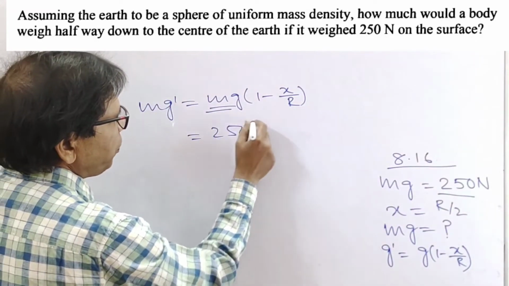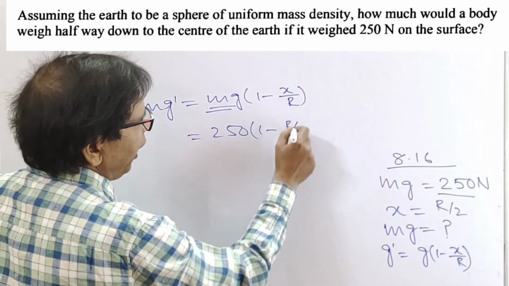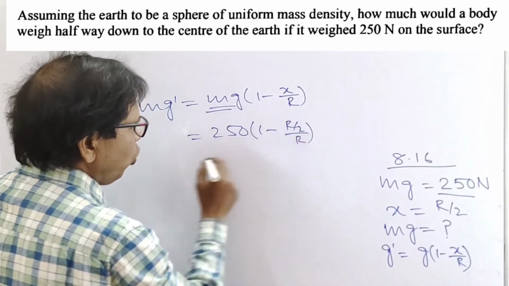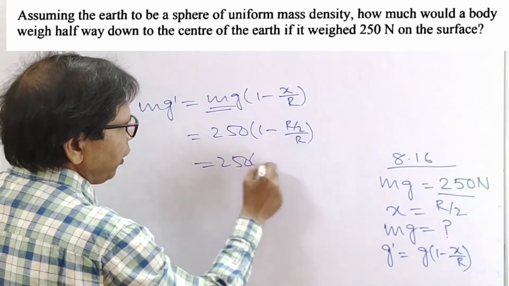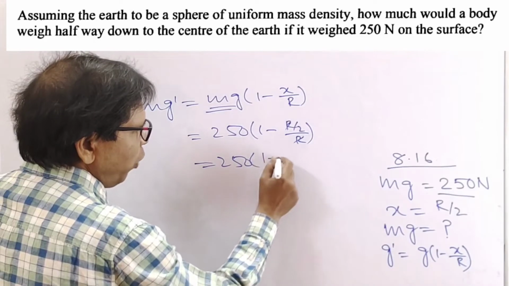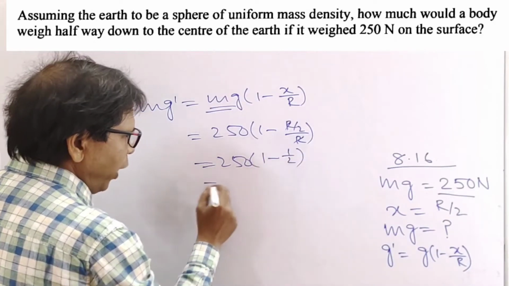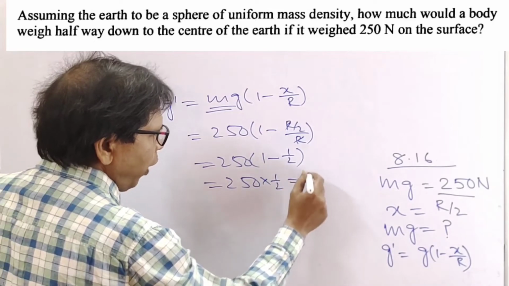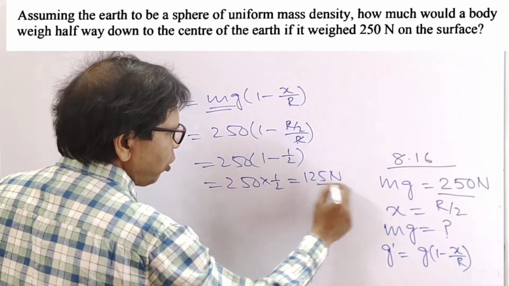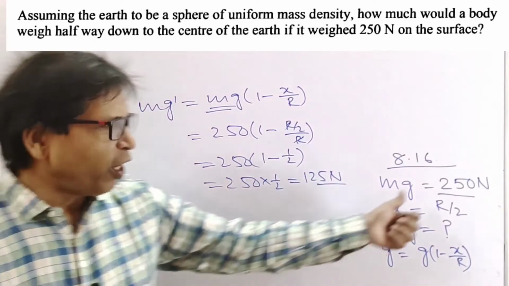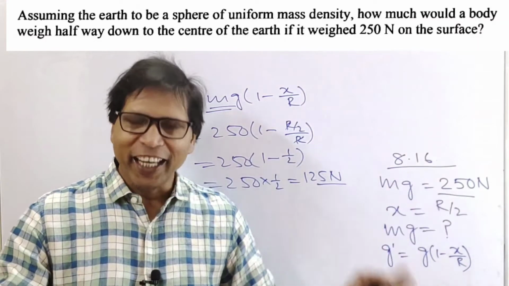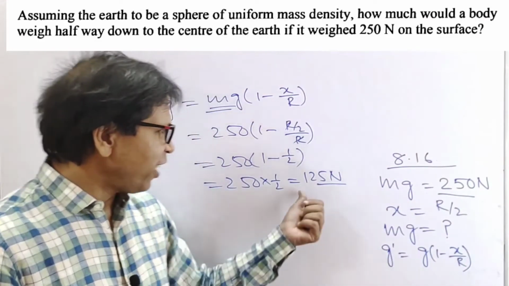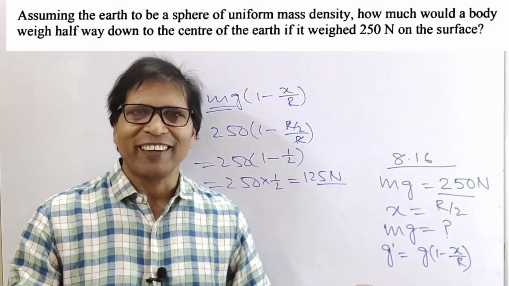So 250 into 1 minus (R by 2) by R. R cancels out, so this is 1 minus half. So 250 into half is 125 Newton. So the weight of the body at a depth R by 2 is 125 Newton.